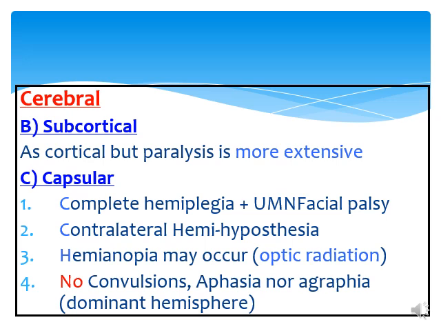Hemianopia may occur, due to a lesion of the optic radiation. No convulsions, aphasia or agraphia, because it is away from the cortex, so these usually do not happen with a capsular lesion. Despite that, there is what's called subcortical aphasia, but this is for the postgraduate, not for the undergraduate.